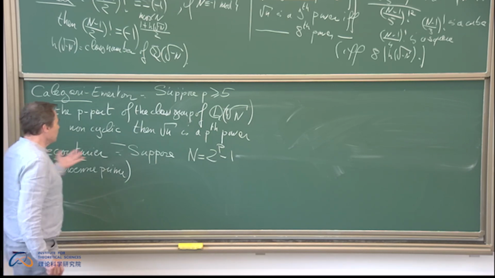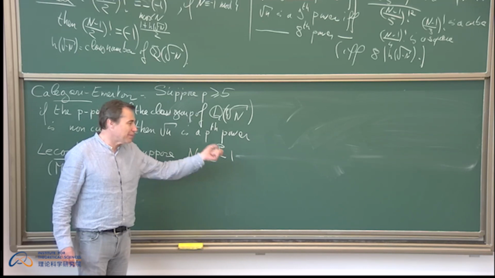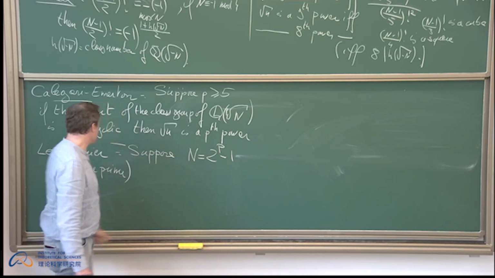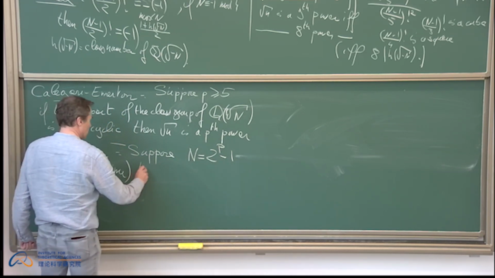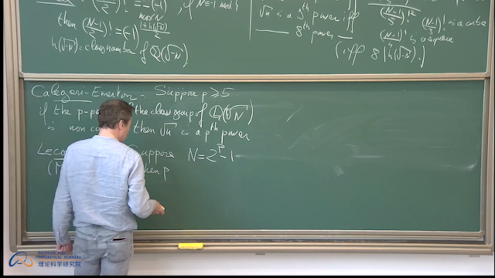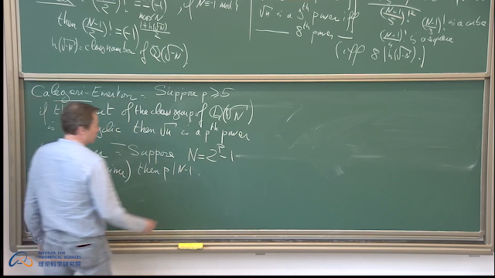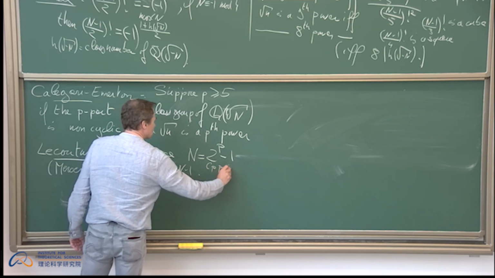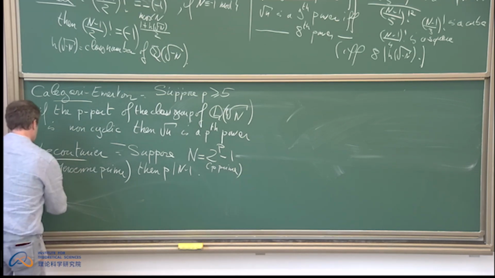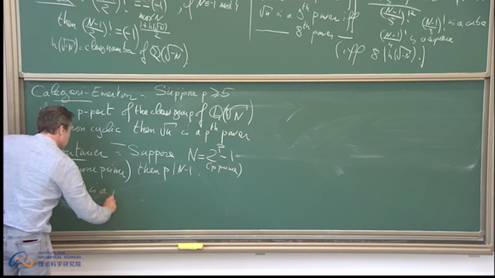Note that in that case, n minus 1 is 2 to the p minus 2, and that is divisible by p by Fermat's little theorem. So then p divides n minus 1. p is prime, of course. Then this is a p-th power.